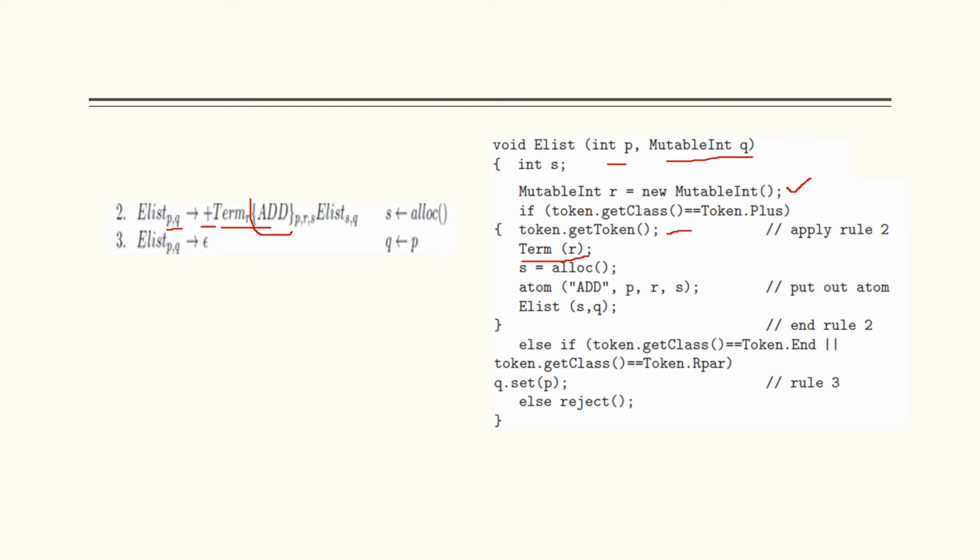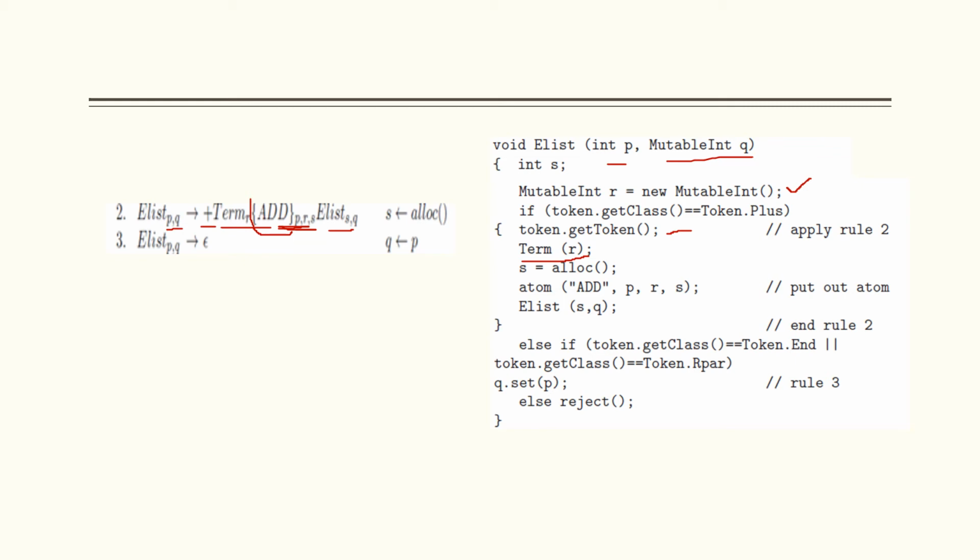Now what will the atom be? It is ADD B, R, and S. So you put out the atom ADD here, and then continue with the next method, ALIST, with two parameters S and Q. So that is the end of rule 1.